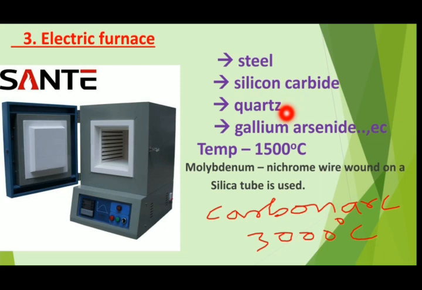Quartz material is used in watches. And finally gallium arsenide is nothing but a semiconducting material which is used to produce electronic devices. So student, to produce a temperature up to 1500 degrees Celsius, a molybdenum nichrome wire wound on a silica tube is used.